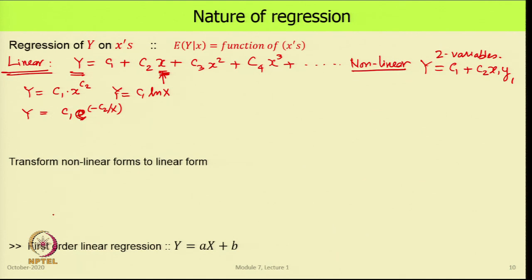This is also nonlinear, or it could be a sinusoidal function, sin C2 plus C3x. Or even y is equal to C1 plus C2 upon C3 plus x.